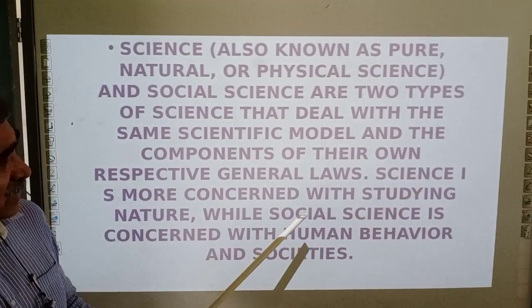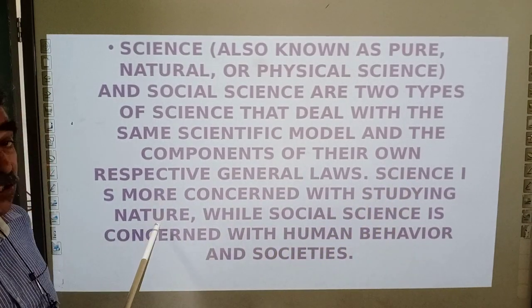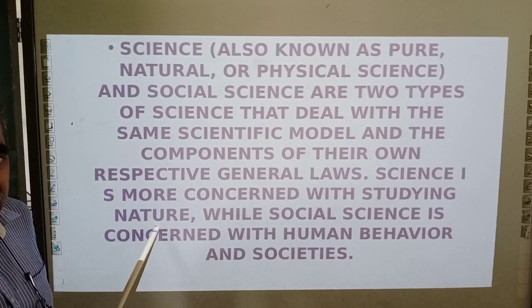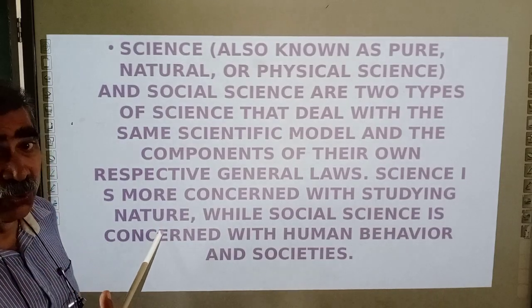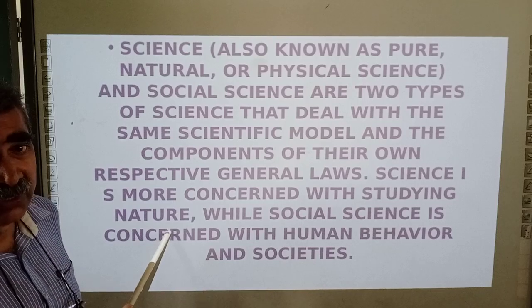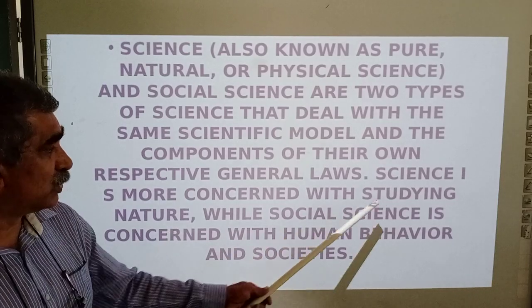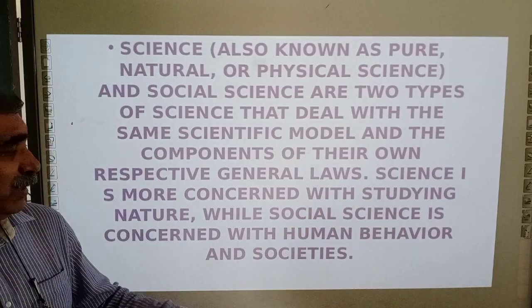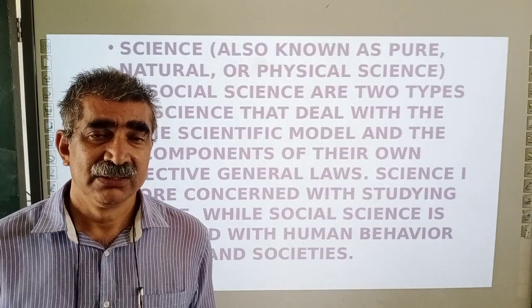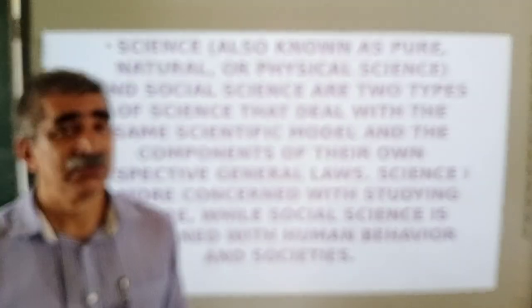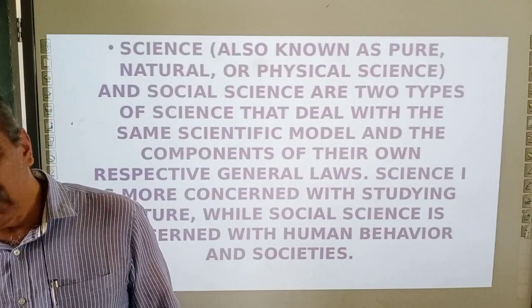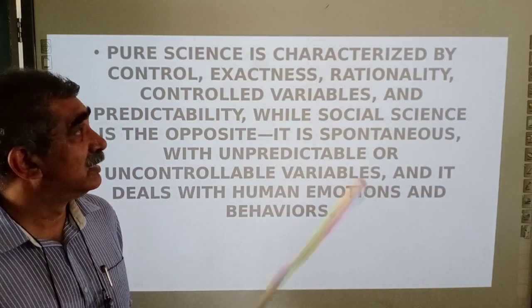Natural sciences are more concerned with studying nature: plants growing, energy growth, solar systems, movements. That is what we see. While social sciences are concerned with human behavior in societies. So there are the differences, and all these things we will deal with here.